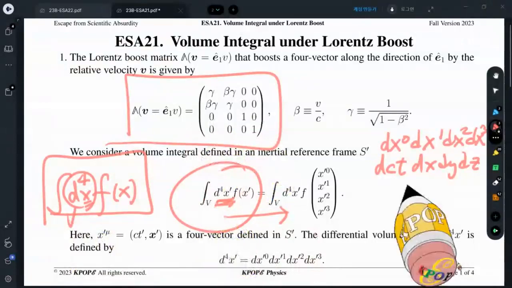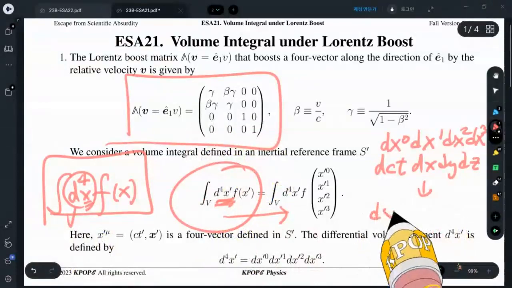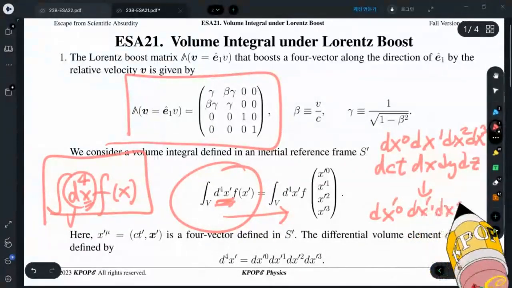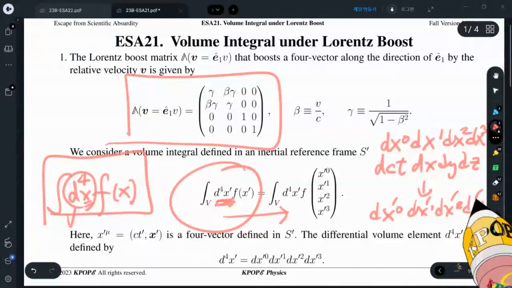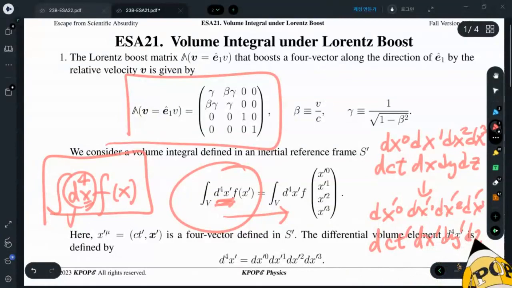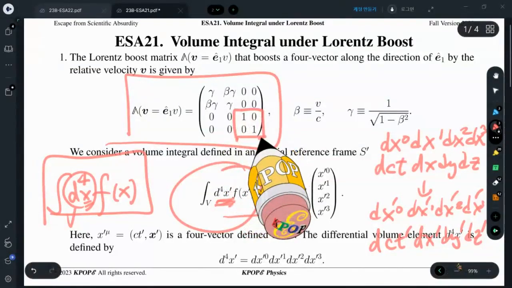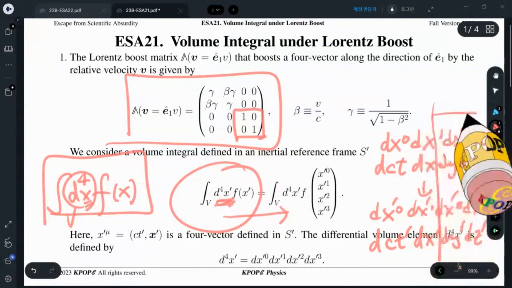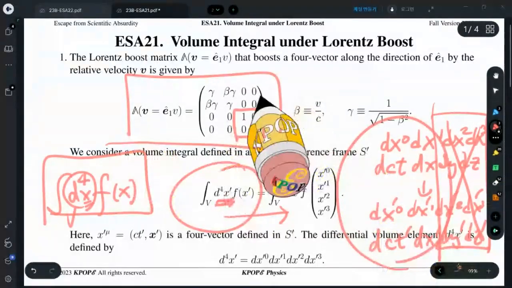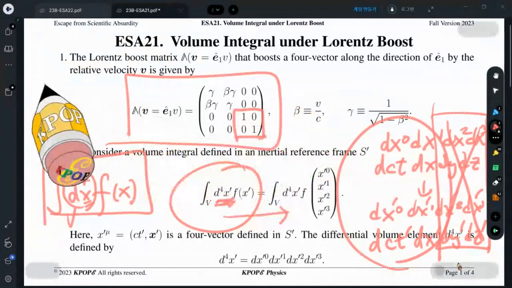And after the boost, the volume integral is dx1 prime, dx2 prime, dx3 prime, that is dct prime, dx prime, dy prime, dz prime. Remember, this one shows that you don't have to worry about the y and z components. They are invariant. So this problem is reduced to a 2 by 2 matrix case.